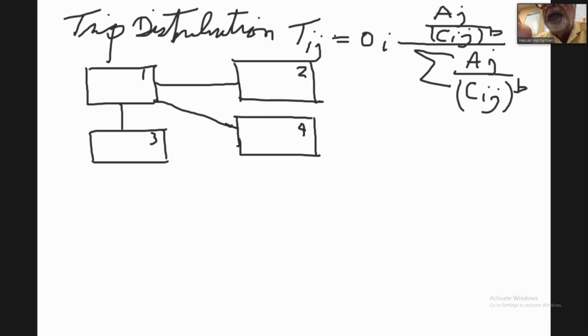Now on zone 1, there are 1,500 trips that are produced. So your Oi, or O1 in this case, is 1,500 trips.